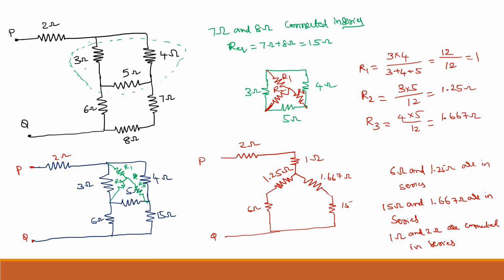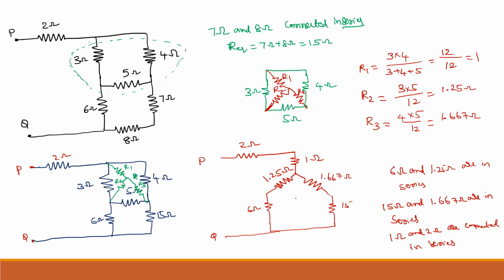If I draw that, here is P. 2 and 1 connected in series means 3 ohms. 6 and 1.25 connected in series will become 7.25, and 15 and 1.667 connected in series will become 16.667.